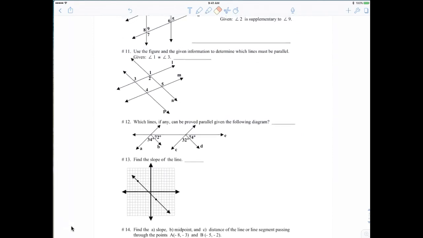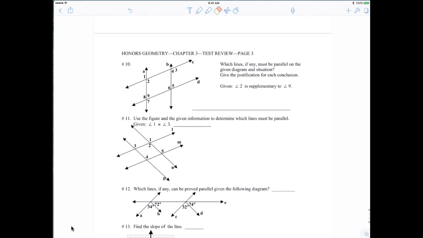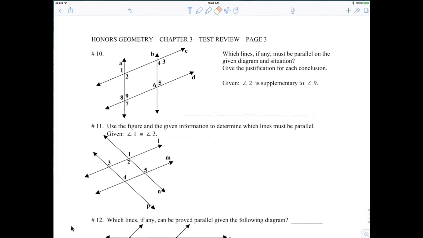Oh yeah, on 10, can you only fix the parallel? Angle 2, so let's look at angle 2 and angle 9. So C and D would be considered parallel because consecutive interior angles are supplementary. You have to tell me why you think they're parallel is what I'm asking.